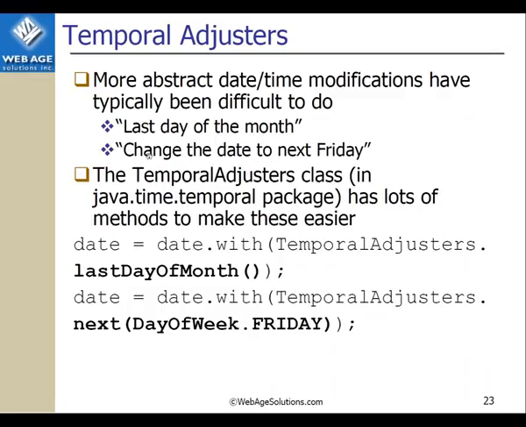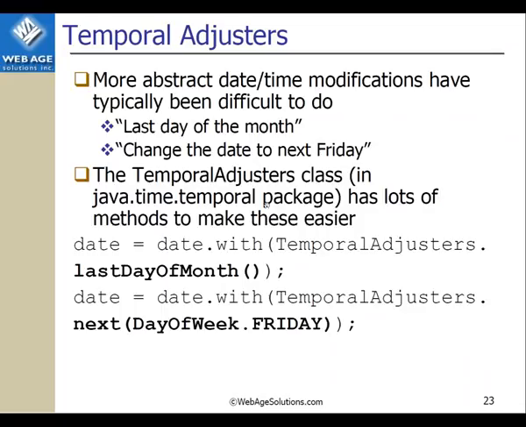What if I want to change a date to next Friday? Well, it depends on what day I'm at. Wouldn't it be nice if I had a way of just saying, hey, change it to next Friday, and that would function the same way no matter where I was starting from. So I don't have to figure out, hey, I'm on a Tuesday, so that means 3 days or 10 days or whatever. So there's a TemporalAdjusters class in the date and time API.